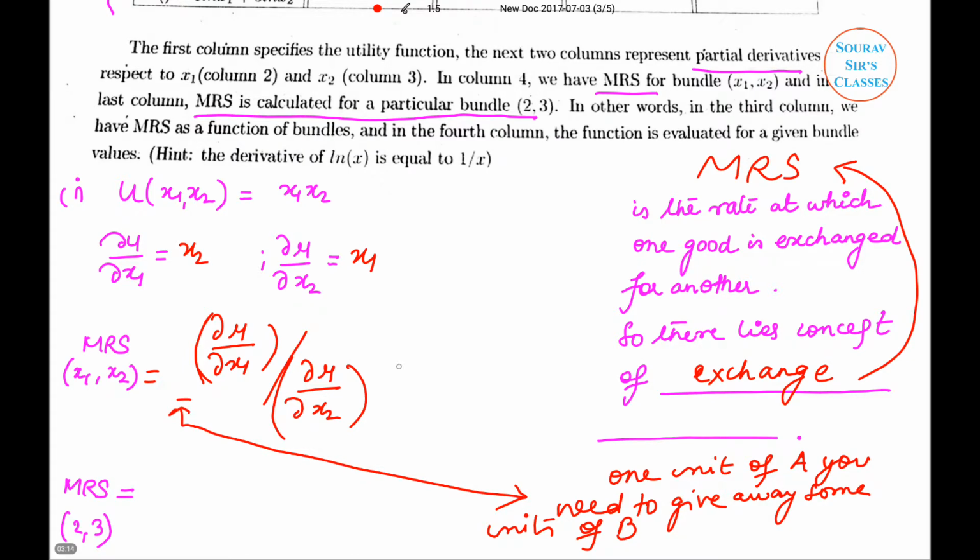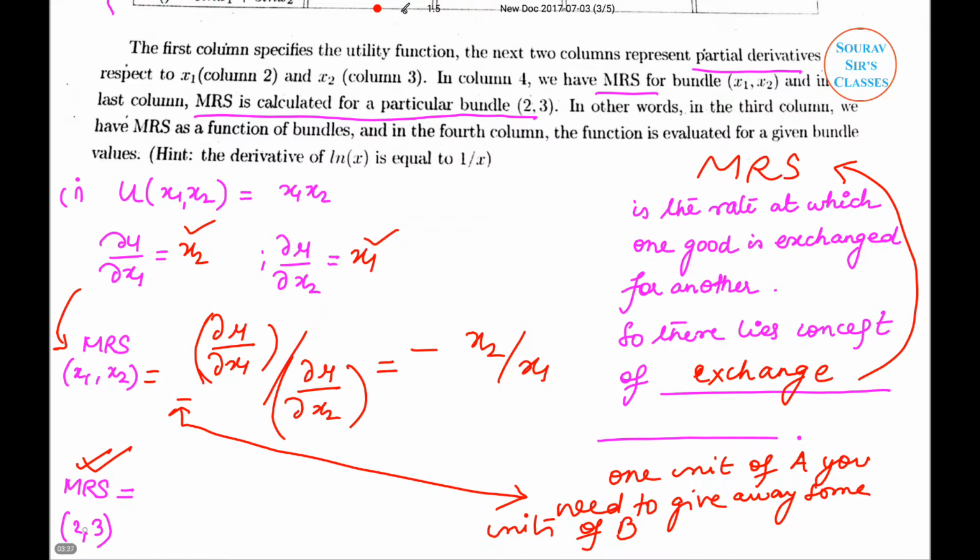Okay, so what will this be? Let us substitute these two values in this particular formula. So we have minus x2 by x1. The last column is we need to determine the marginal rate of substitution at the combination 2 and 3.